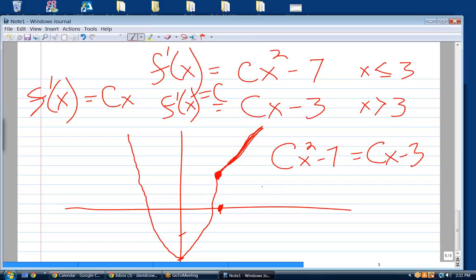Let's bring everything over to the left side. We have cx squared minus cx minus 4 equals 0. If I factor this out and try to complete the square, does that answer it? No, it doesn't.